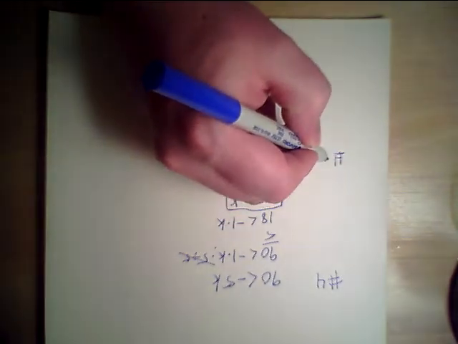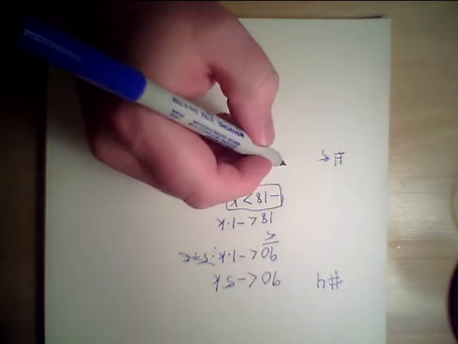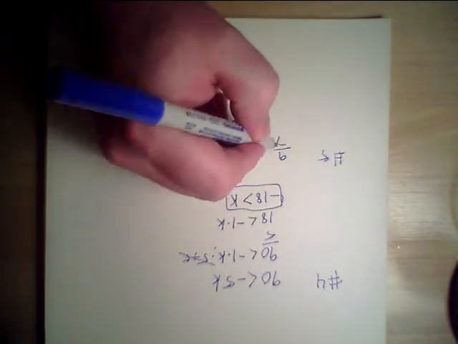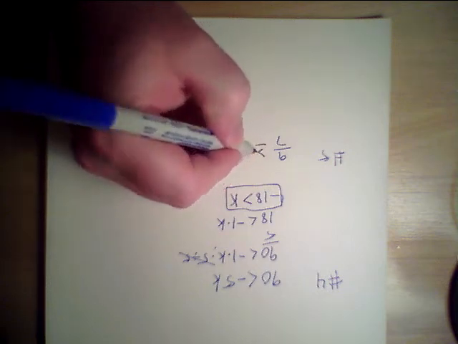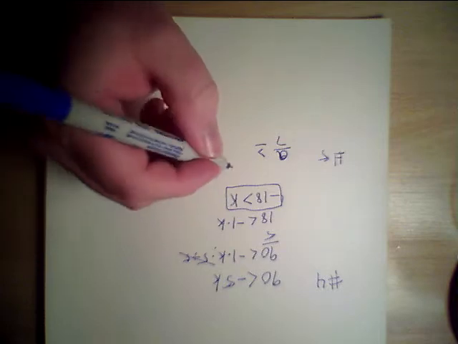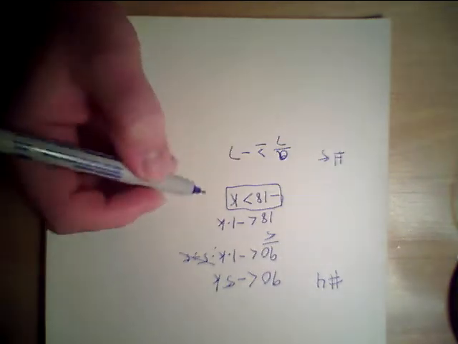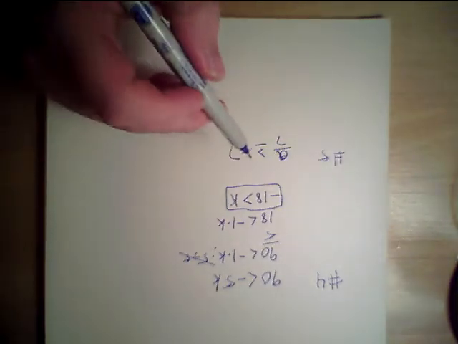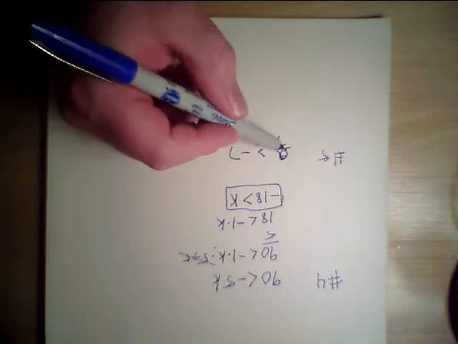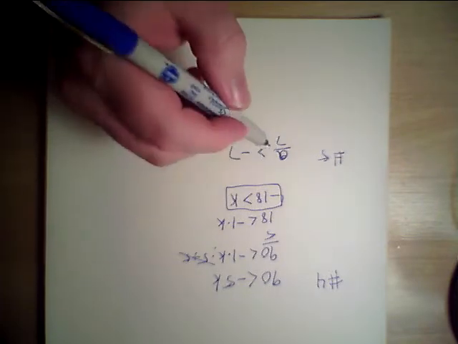Number 5. We have a divided by 7 is greater than or equal to -7. We had a perfectly good a, we divided it by 7. We're not dividing by -1, so this is fair game.